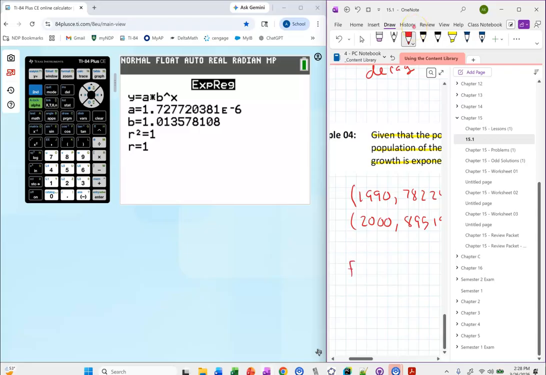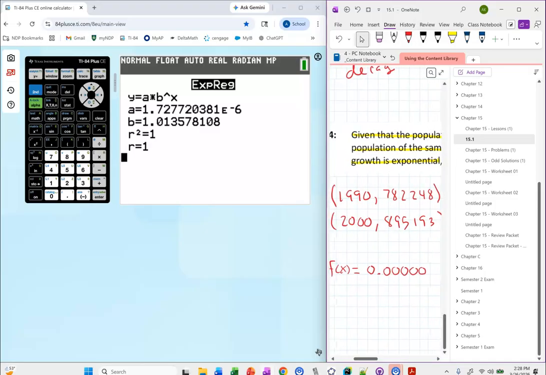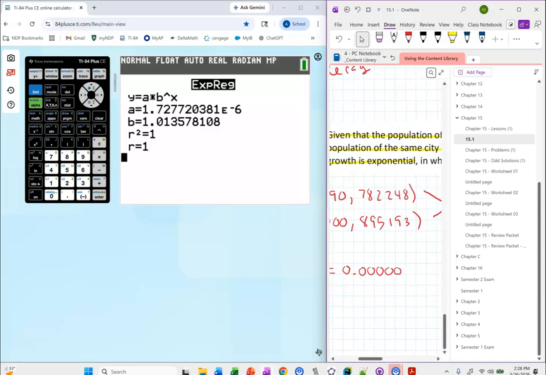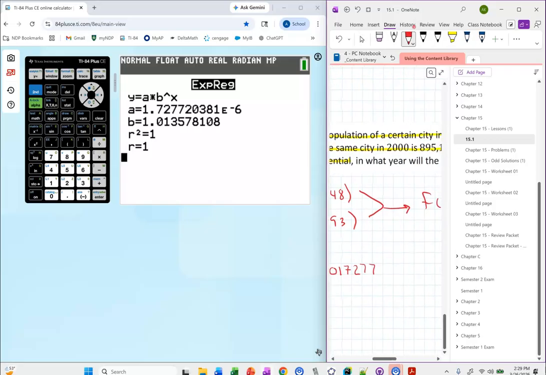So my function then, f of x, is equal to, what's the value for a? No. Keep reading. 1.7277. No. To the negative. Yeah. So it's going to have 5 zeros out front. And really, we should try to hang on to a lot of these decimal places because exponential functions are pretty temperamental.